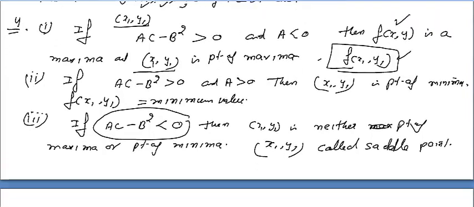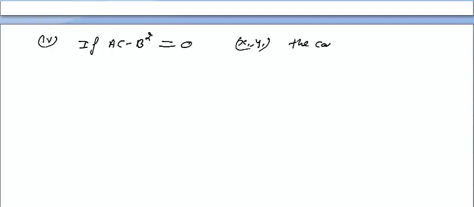Correct? Now there is the 4th condition also. If AC minus B square is equal to 0, then this method is not appropriate to find the maxima or minima. So for x1 and y1, the case is doubtful.